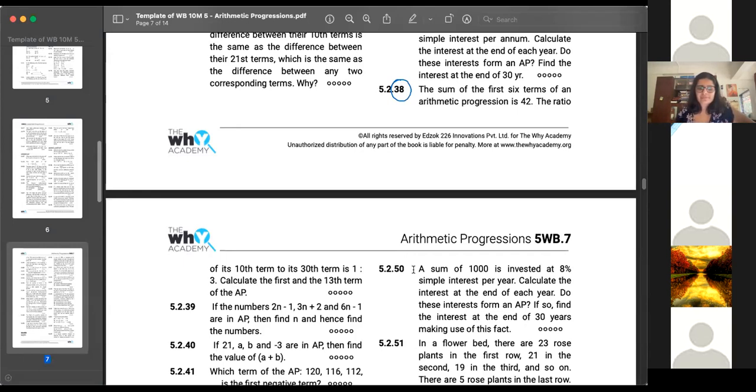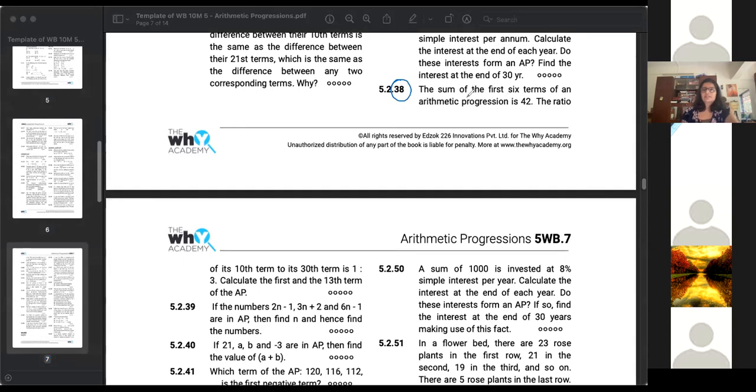Ma'am, can you solve this sum? Oh, क्या हुआ? See, read the question. Sum of first 6 terms in an AP is 42. So S6 is 42. So put the formula there. Then the second sentence, ratio of, so basically A10 divided by A30 is 1/3.